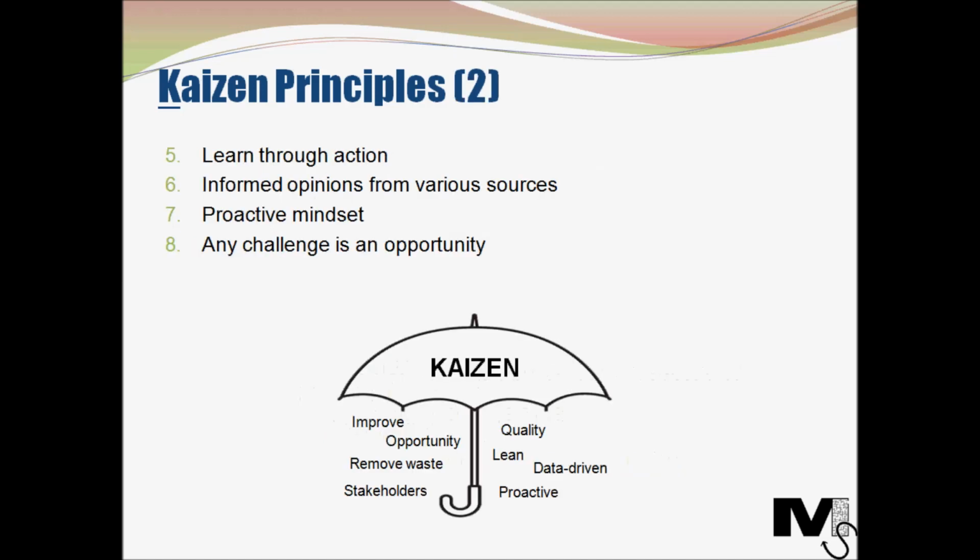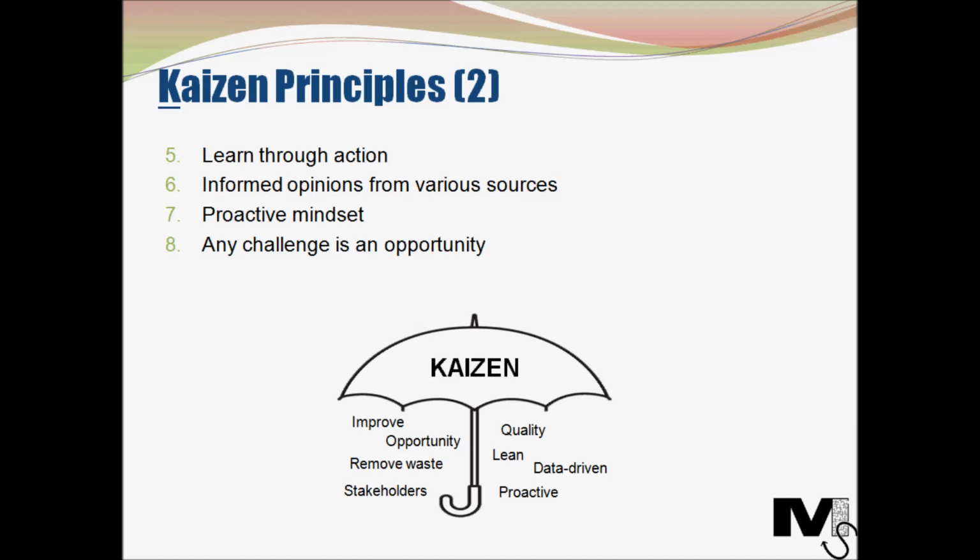Learn through action. Kaizen promotes the philosophy of learning through action. There's only a certain amount of progress that can be made by learning and planning. Real progress can be made with action, and the learning derived through action. Action will lead to introspection and can lead to continued improvement.